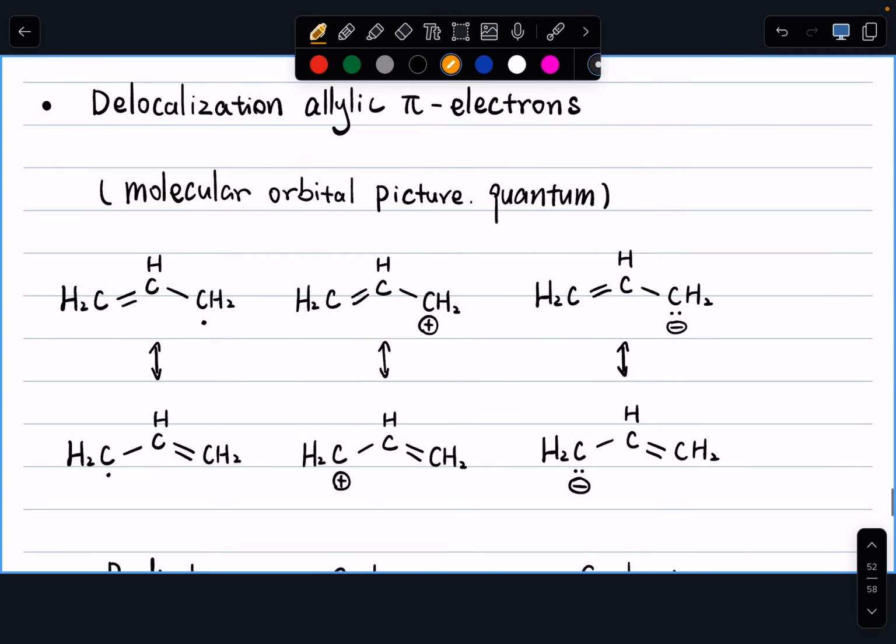That is called the delocalization of the allylic pi electrons. Or the other way to put it is now we're trying to use quantum bonding theory to depict what the pi electrons look like in these allylic systems.